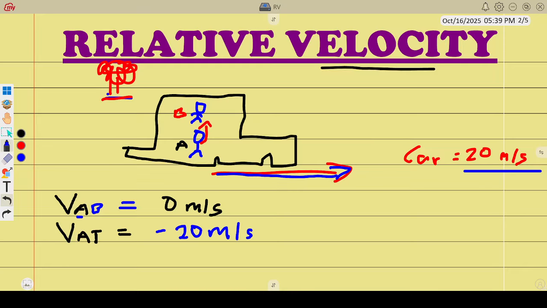We say negative 20 meters per second. This doesn't really mean that the tree was moving at negative 20. It means that when the person is looking at the tree, it is going backwards at a rate of 20 meters per second. Yeah, so you understand this very well.